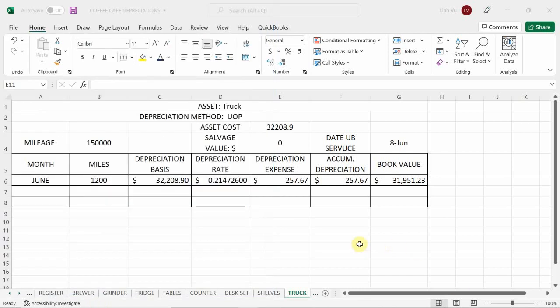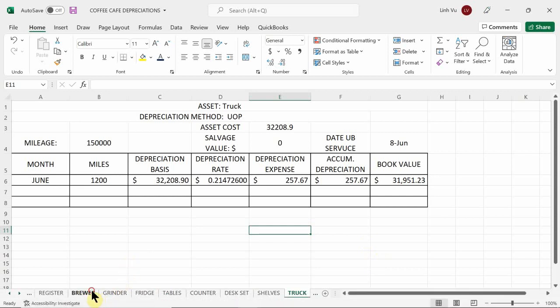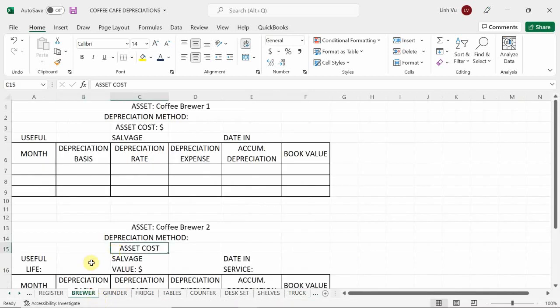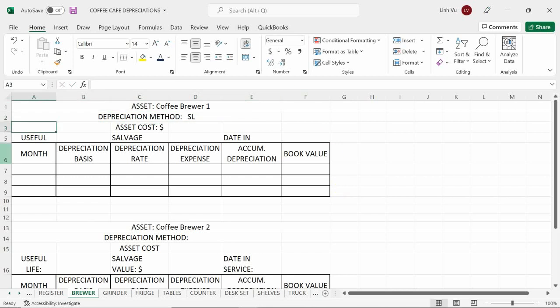Okay, so we're going to go ahead and locate that in our depreciation table. So here for coffee brewer number 1, we were told to use straight line, so SL for short. The first coffee brewer has an estimated useful life of 3 years, no salvage value, we were given that.